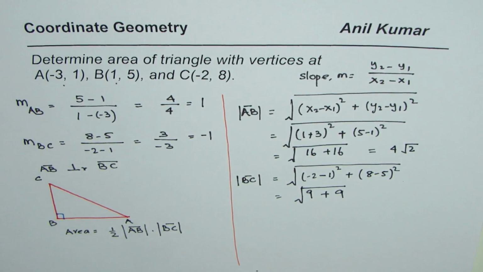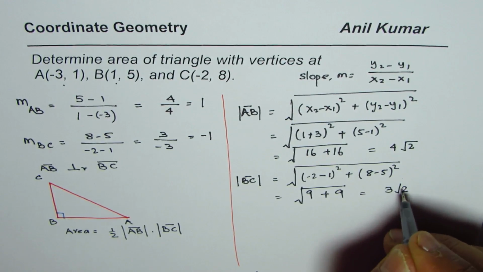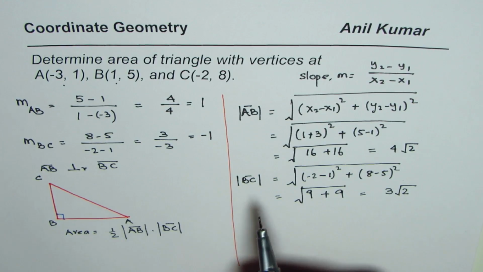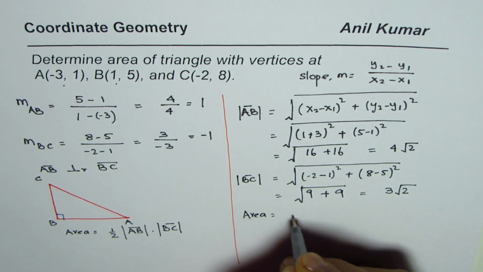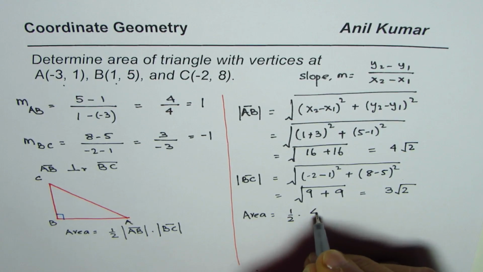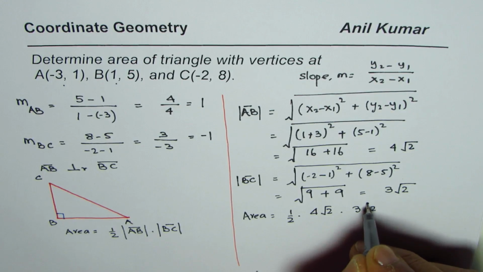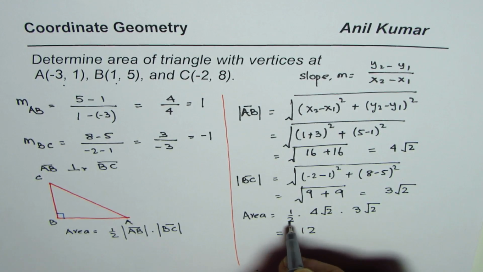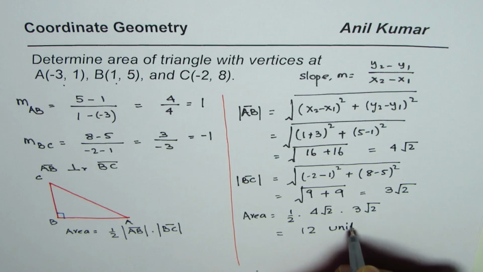So the square root of that will be 3 square root 2. So that is the length of BC, and therefore area will be half of 4 square root 2 times 3 square root 2. That gives us 4 times 3, 12. The 2 will go, and square root 2 times square root 2 is 2, so they cancel out. So the area is 12 square units.